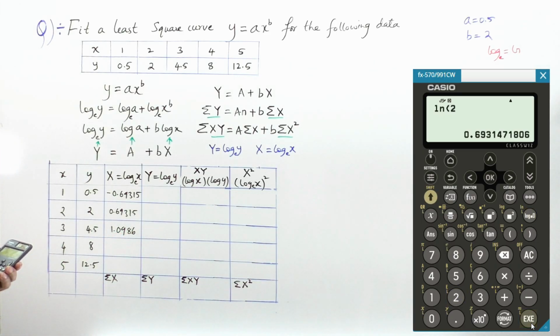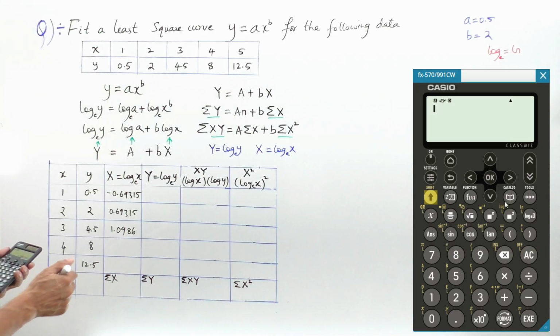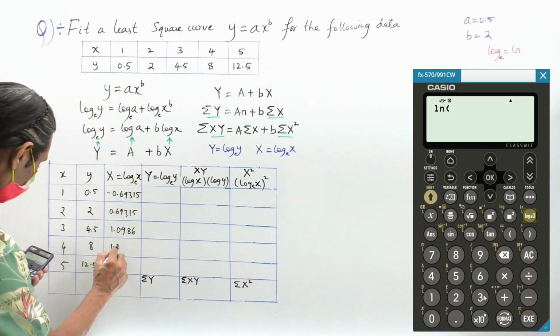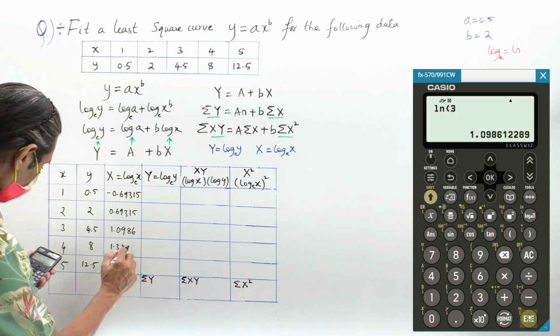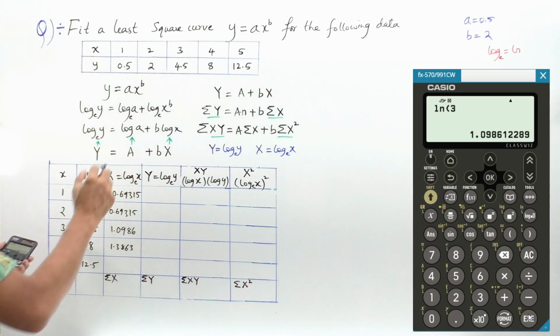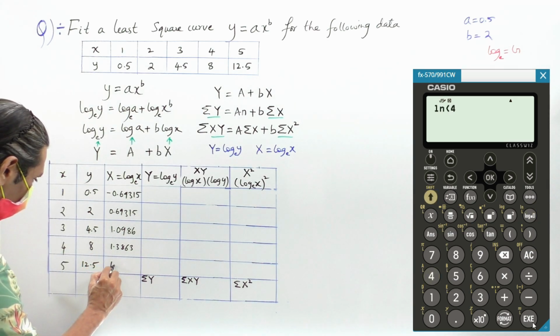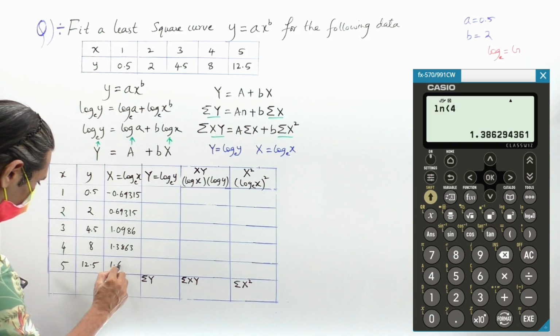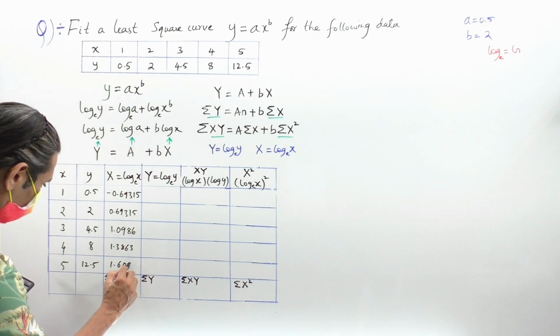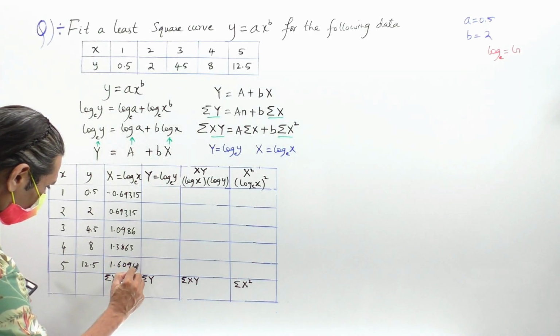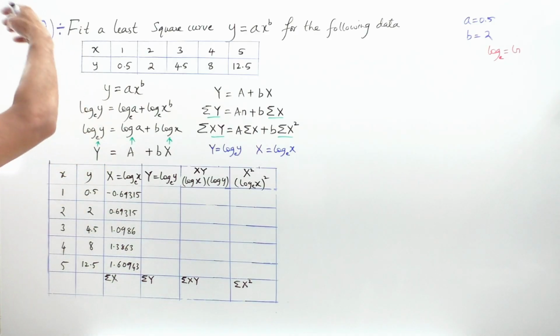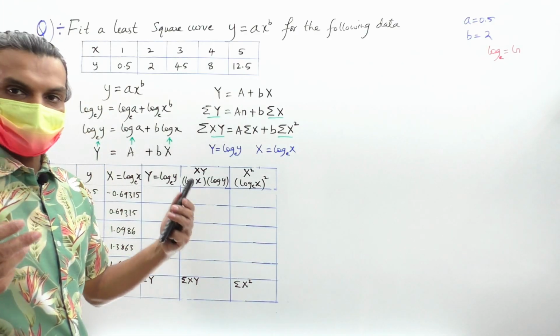Then again shift ln 4 is equal to 1.3863. Then we have again shift ln of 5 is equal to 1.60943.